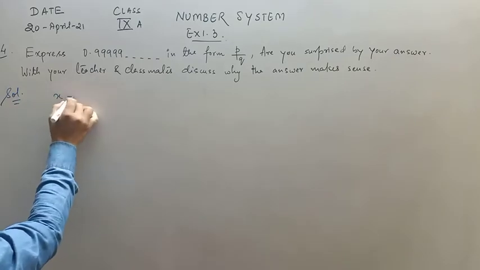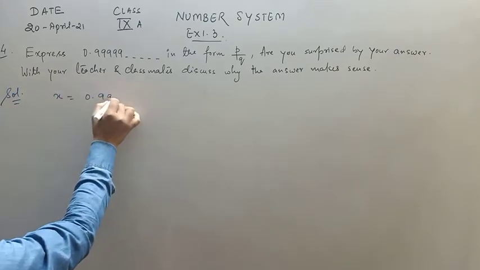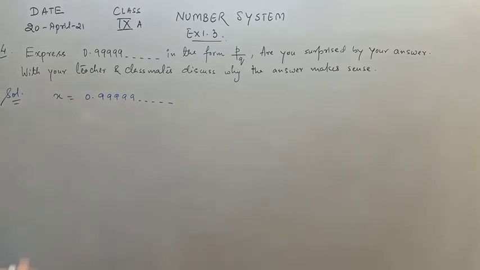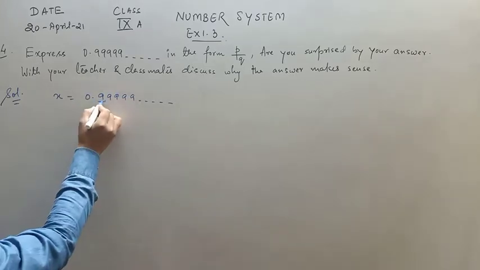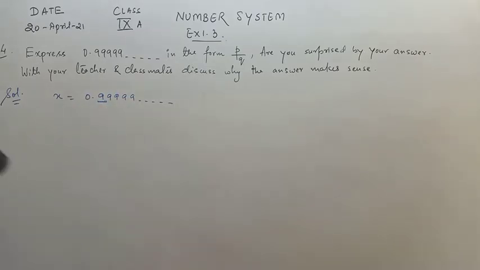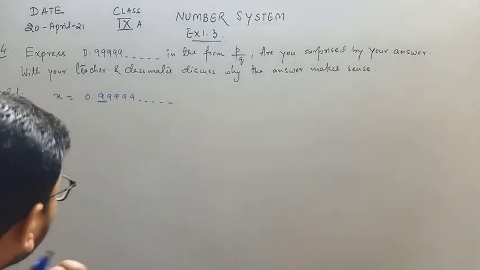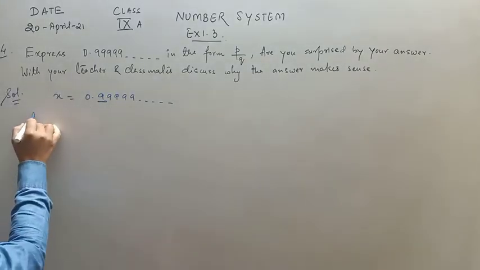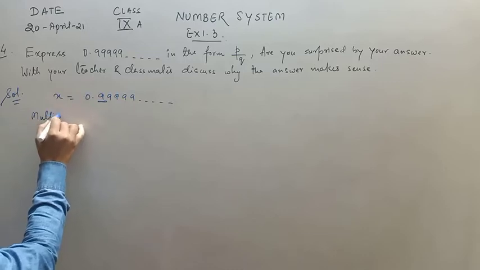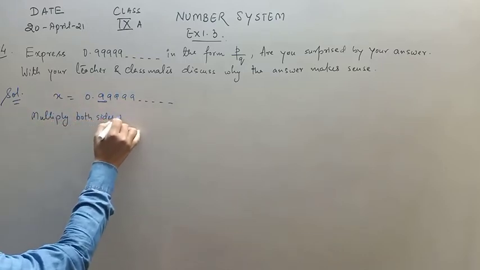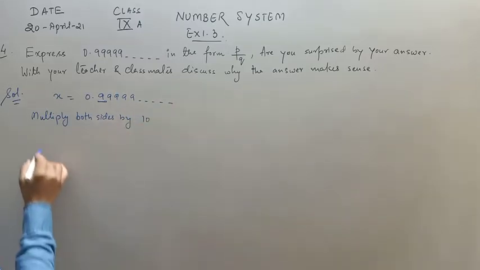Let's say x is equal to 0.99999 and so on, right? Now there is only one value which is repeating again and again, and that is 9. So what I'll do is multiply both sides by 10.